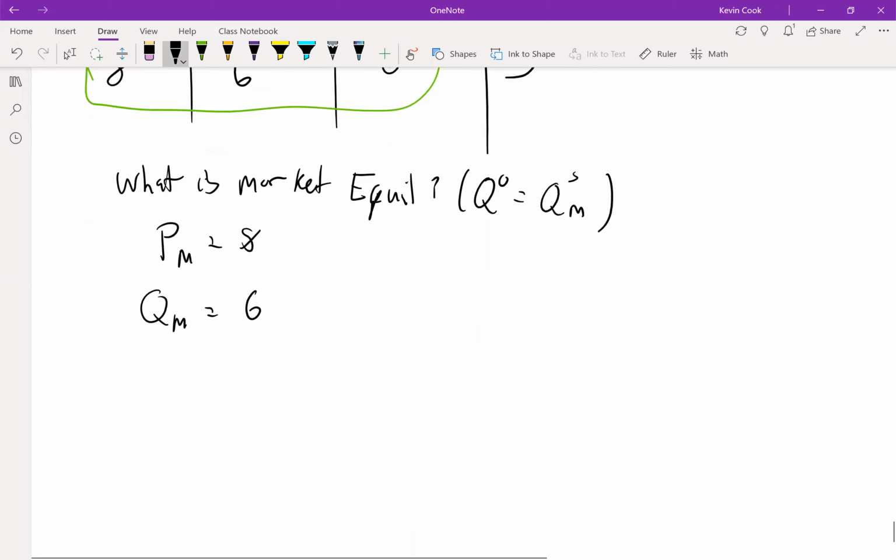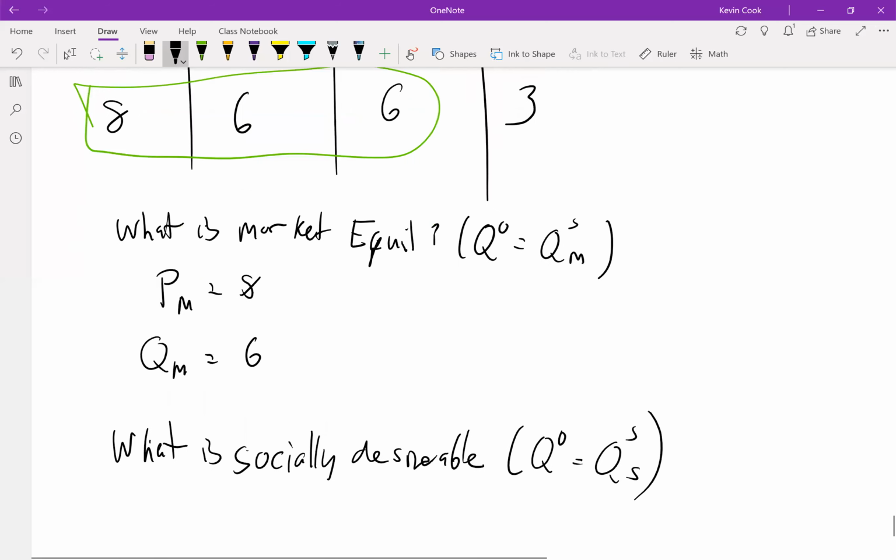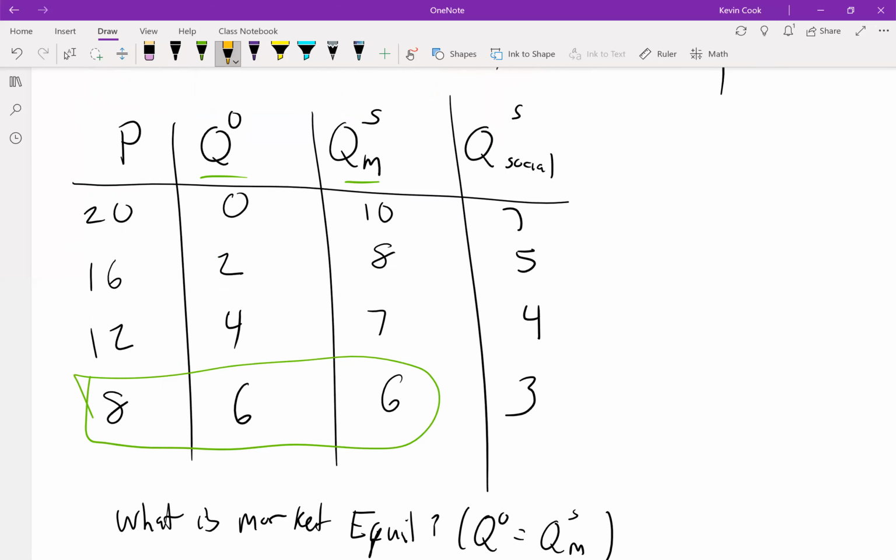And then what is our socially desirable equilibrium? In this one, we're looking for quantity demanded to be equal to the quantity supplied on the social curve. So we're looking for this to be equal to this, which we find right here at 4 and 4.